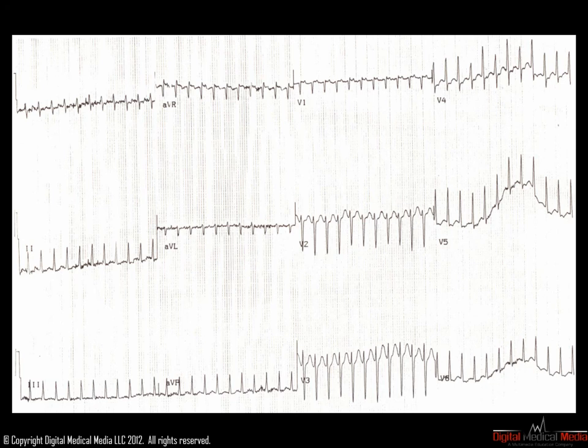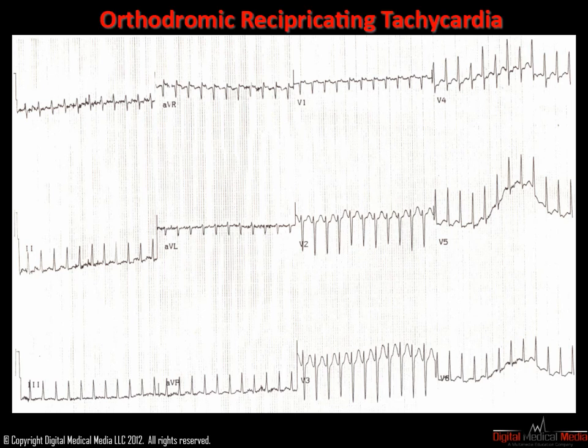Whenever we see a regular SVT with rates between 190 and 250 beats per minute, look for P wave activity in the ST segment. If we find it, just as in this 12-lead ECG, then that is entirely consistent with orthodromic reciprocating tachycardia and is short-circuiting because of the presence of an accessory pathway across the atrioventricular groove.